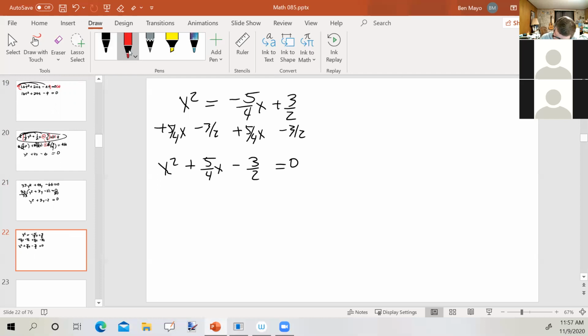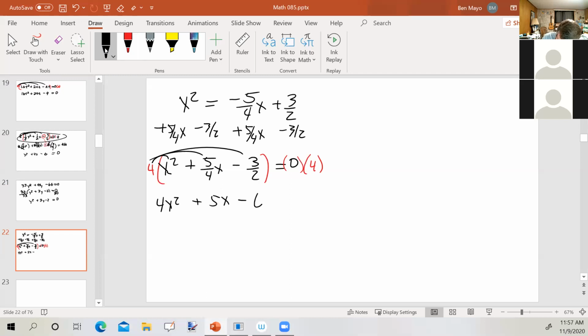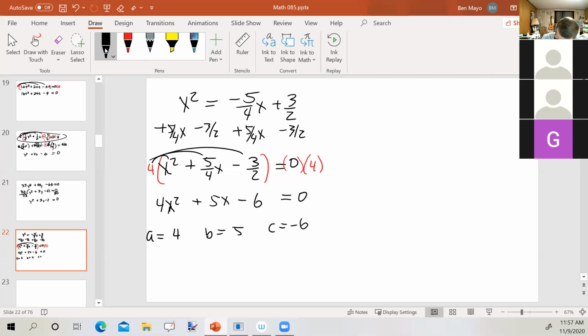So now I'm going to multiply both sides of the equation by what? 4. Good. So I'm going to get 4x squared plus 5x minus 6 equals 0. Is everybody okay with how I did the reducing there? Yes. Okay. Yeah. Good. So a is 4, b is 5, c is -6.